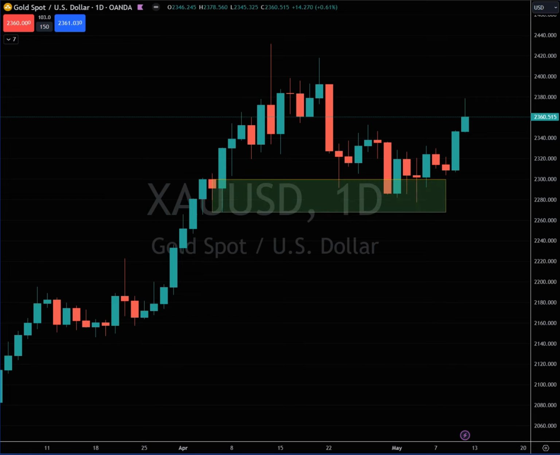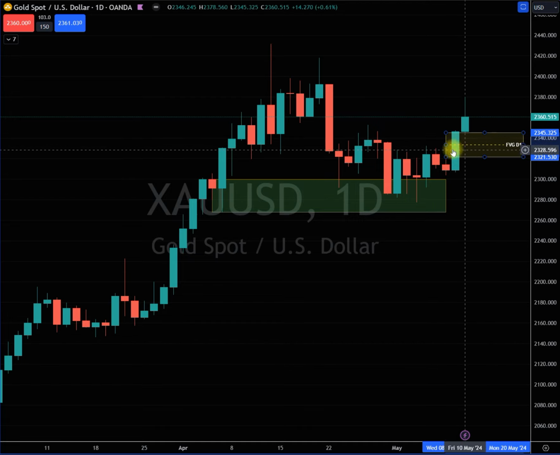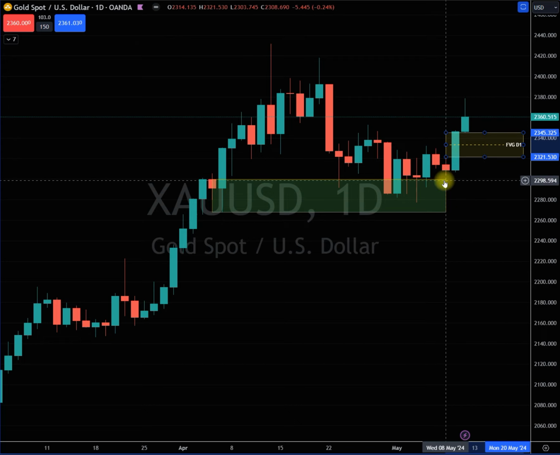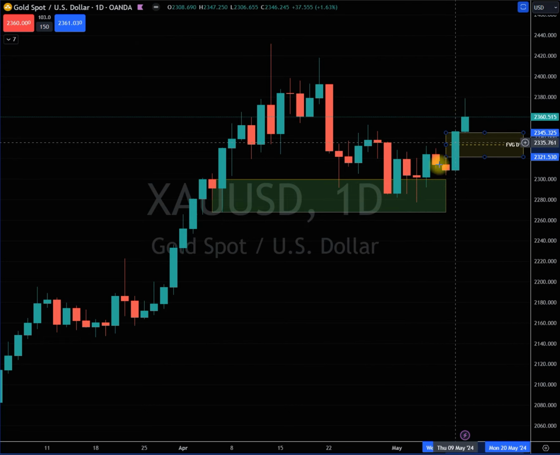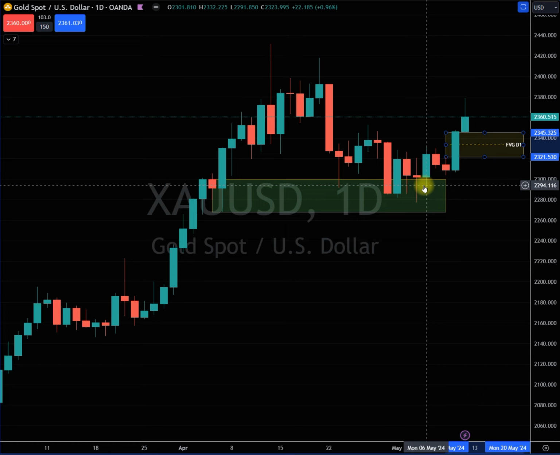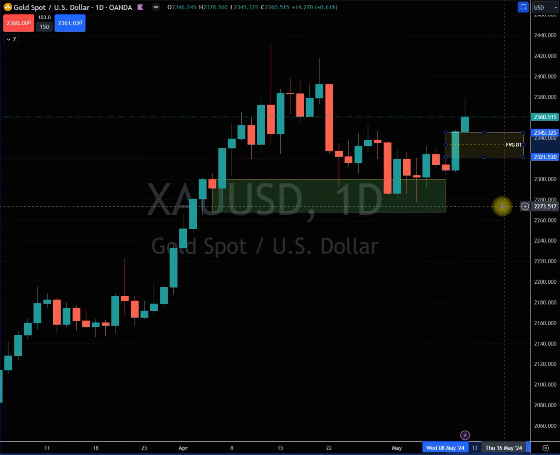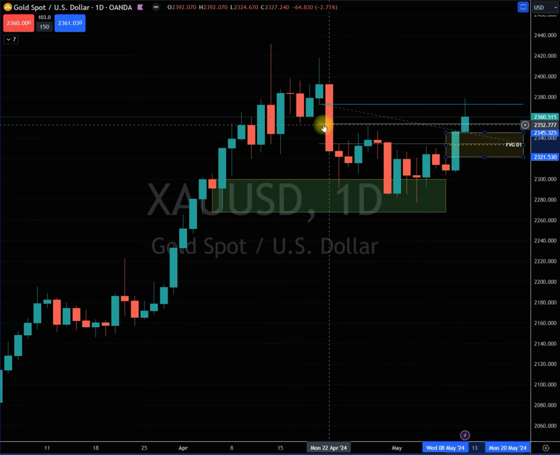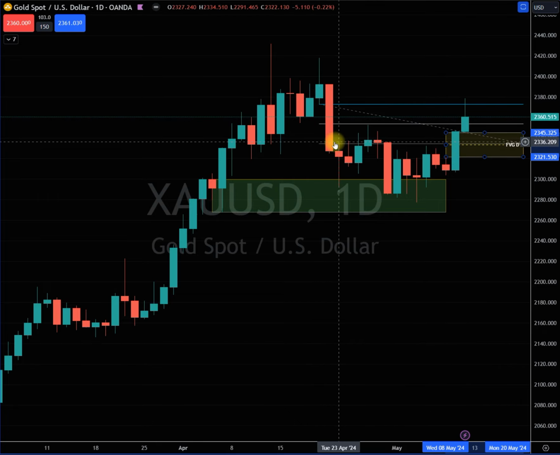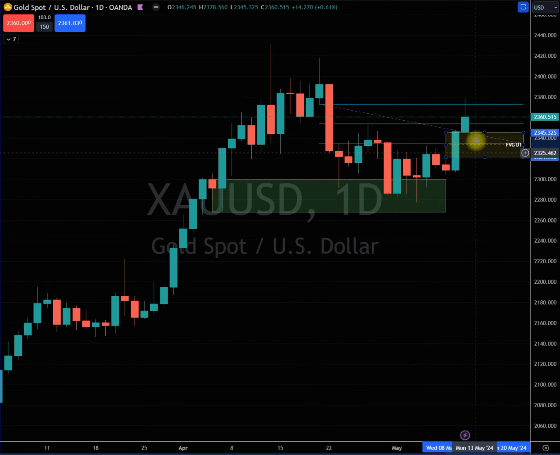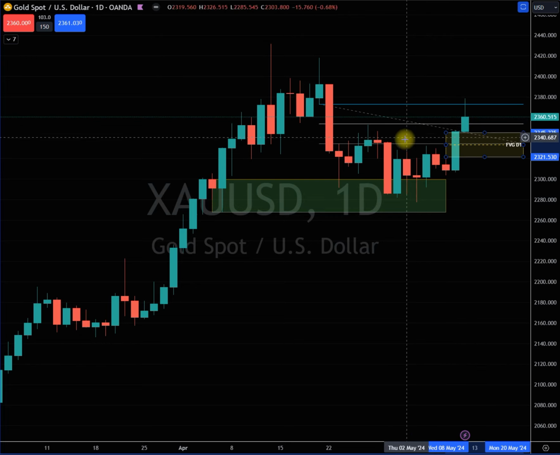Price got rejected from this bullish order block on the daily, and on the move up it created a bullish fair value gap, which shows that the move up was backed up by strength or momentum, and also price closed above the consequent encroachment of this bearish daily fair value gap, or CE, which is a good or bullish sign.